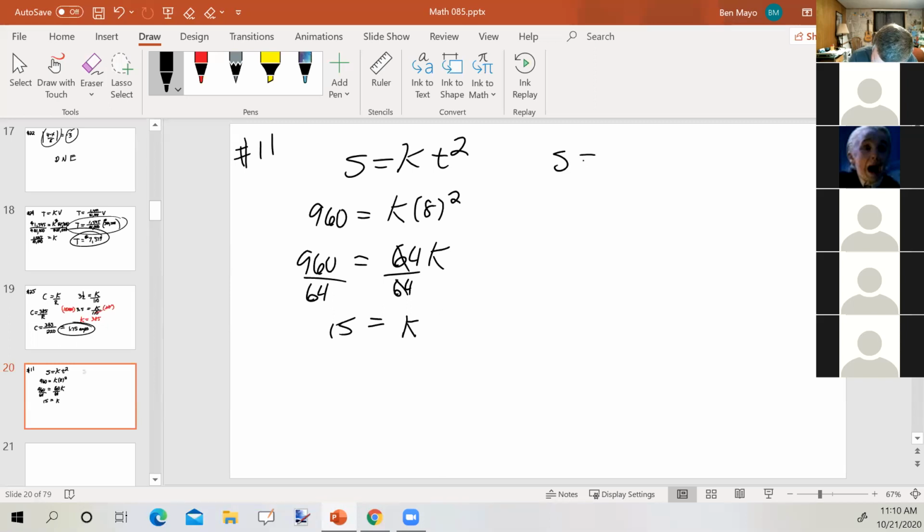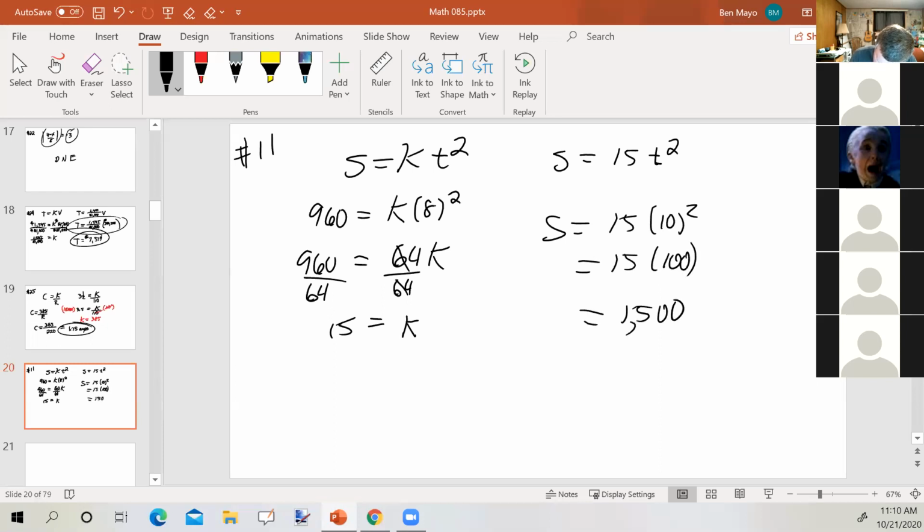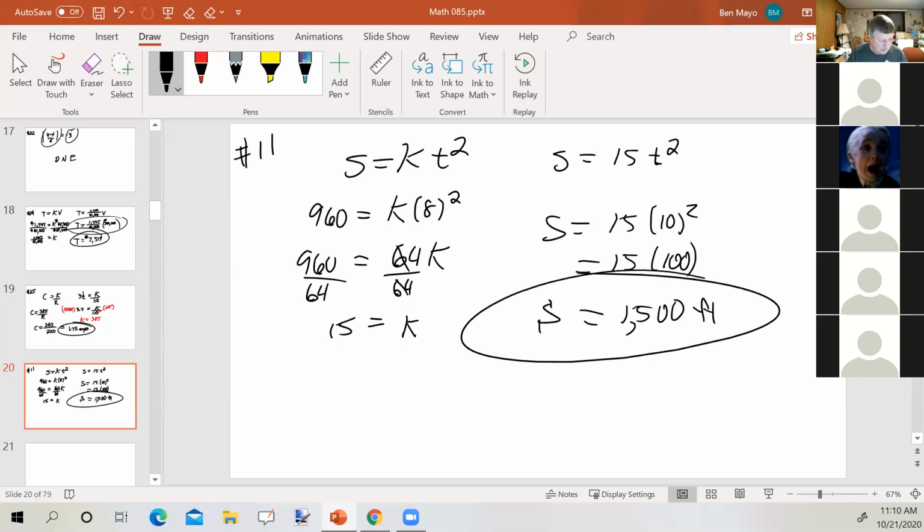So now S equals 15 T squared, okay? And then it says, how far will it fall in 10 seconds? So S equals 15 times 10 squared, which is 15 times 100, which is 1,500 feet. So there's number 11.